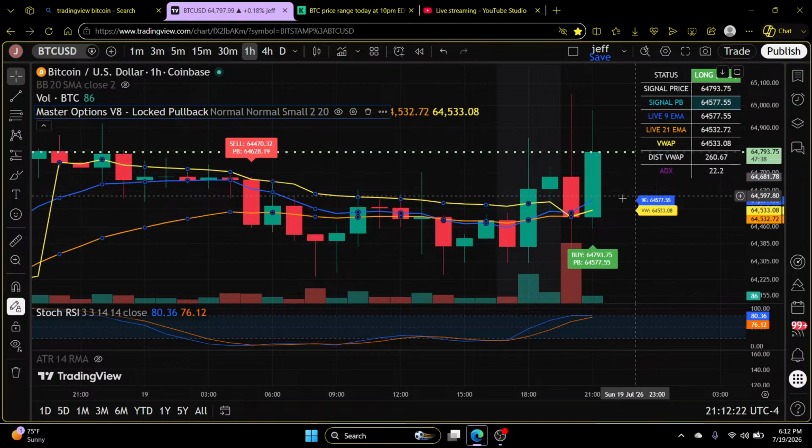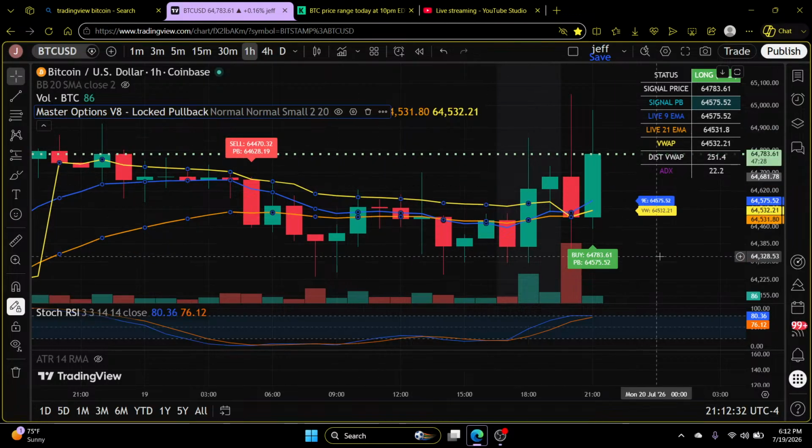And because they just crossed not too long ago, and they still have some room to go on our side, I think this 1 hour candle, I think it's going to stay up.